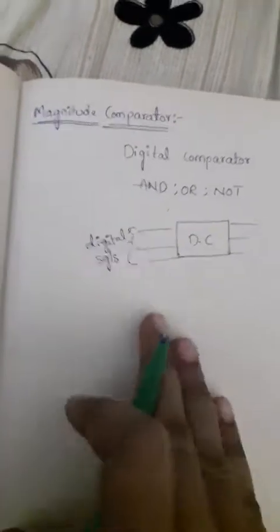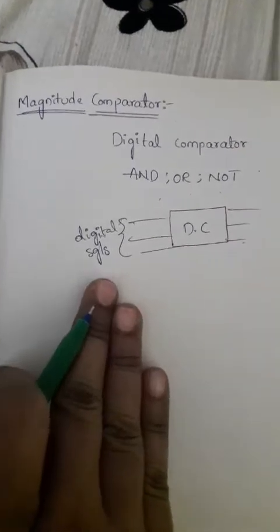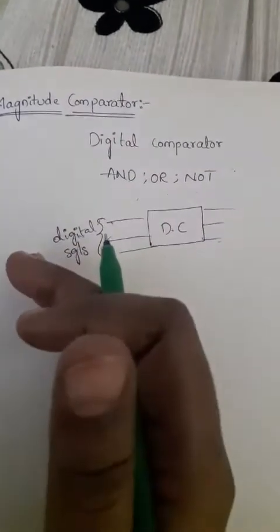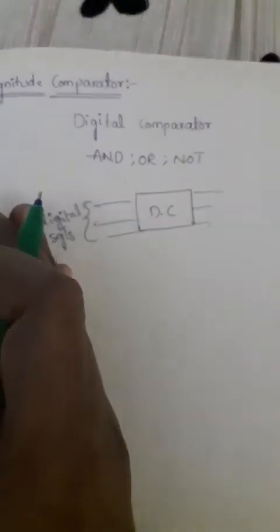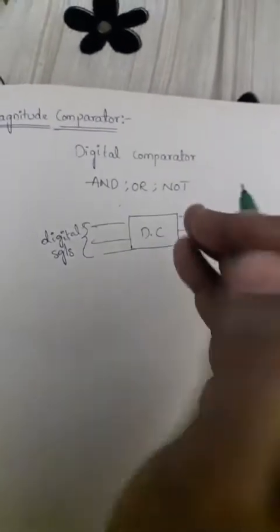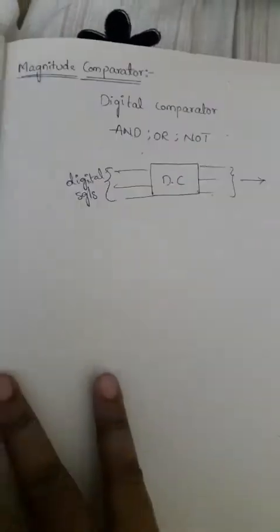It compares the digital signals present at its input terminals and produces an output depending upon the input conditions. That is called a digital comparator.